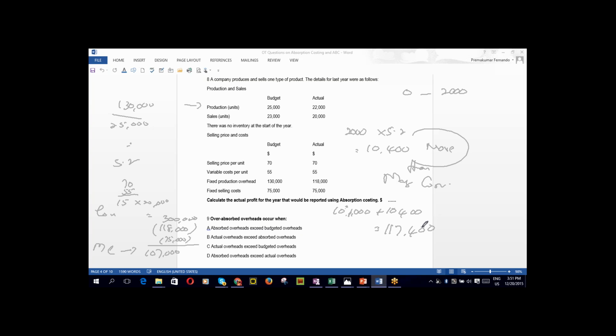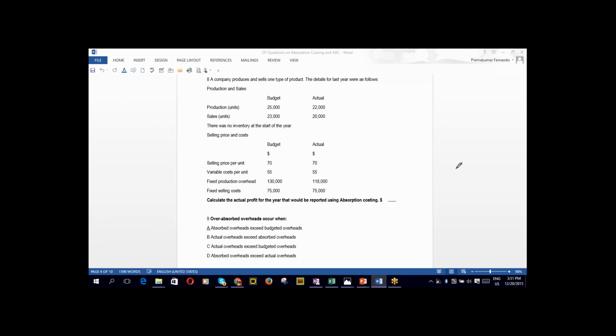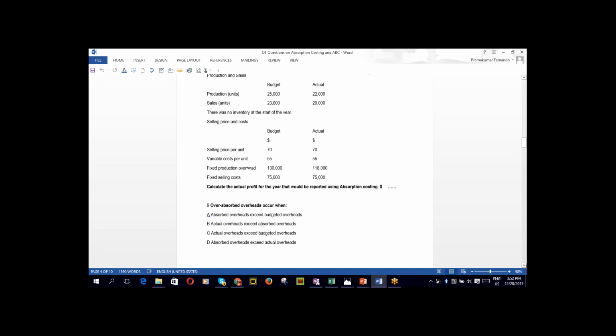We found the marginal costing profit to be 107,000. So that's how you should be looking at this kind of question. These are tricky questions. Again, you will be looking at some of these questions. You might have a few problems. You have to tell me once you do. If you don't understand, just tell me. We will go back again.